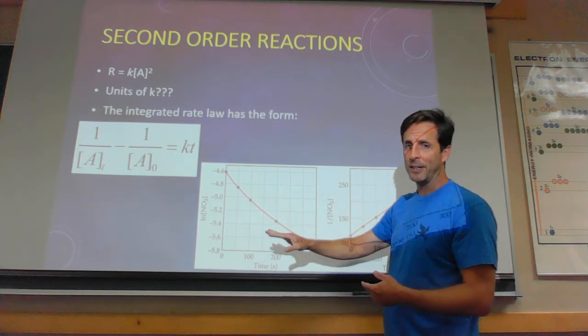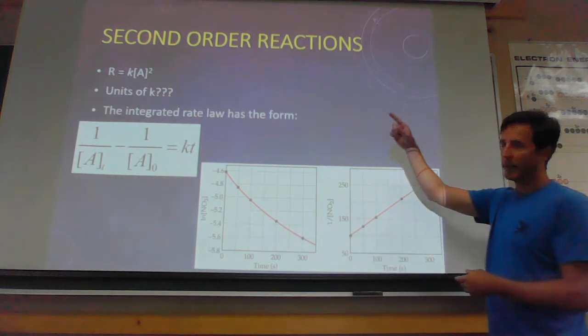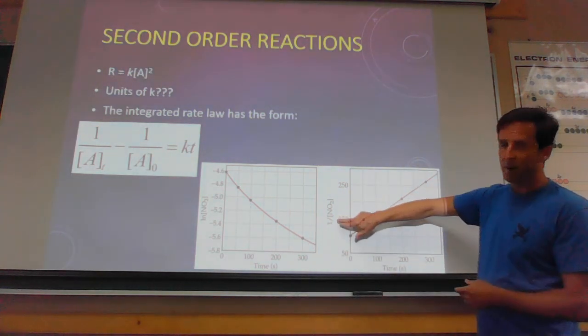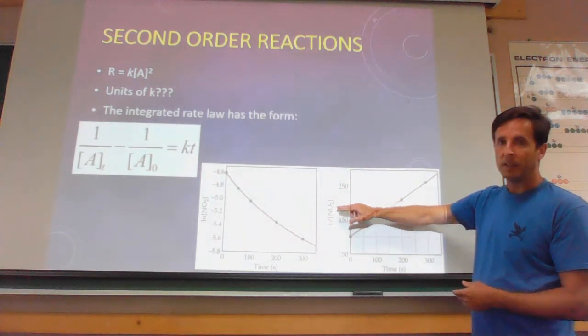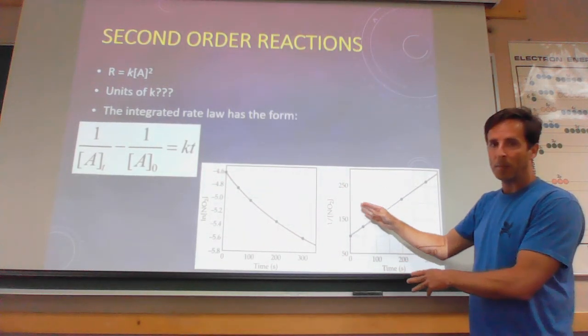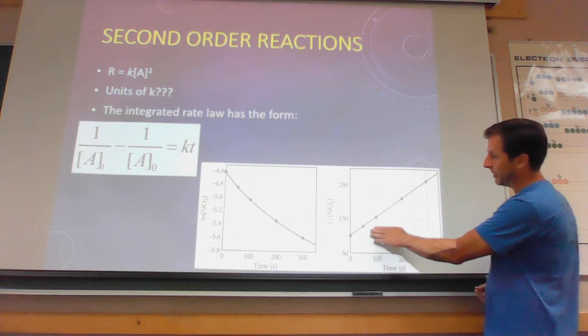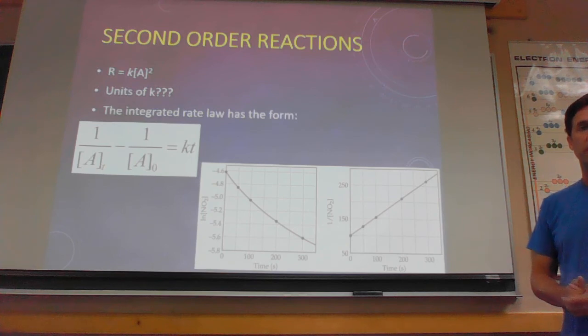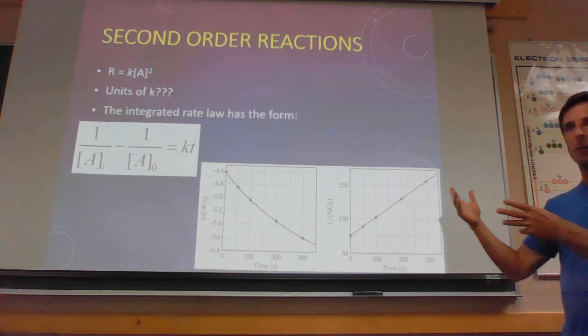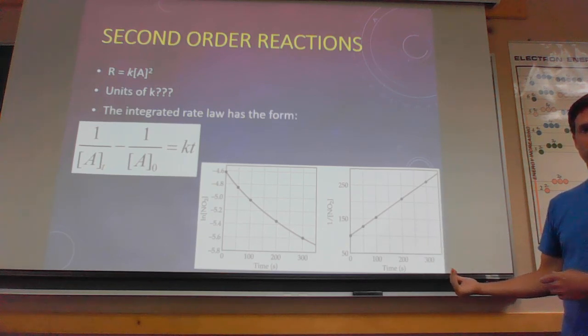So I can tell it's not linear. But for a second order reaction, if I graph the inverse of the concentration, 1 over the concentration, on my y-axis, then I actually see that this one does come out to be linear, and that is the graph that we make to prove that a reaction is actually second order.